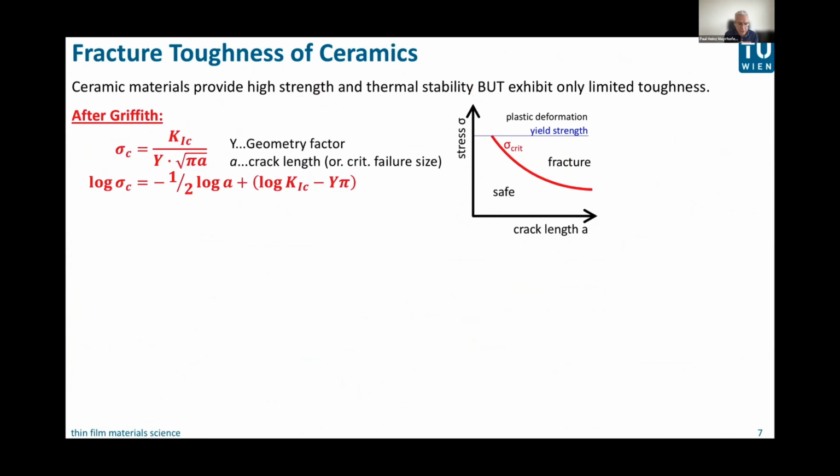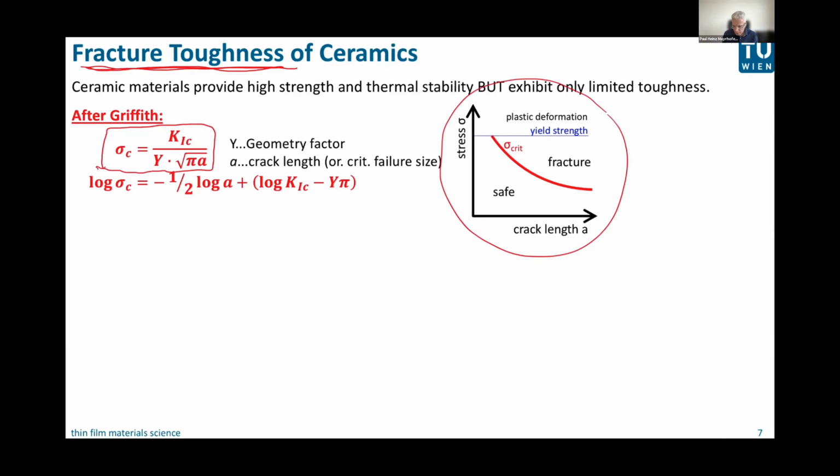So now I enter fracture toughness. Strength can be nicely increased by these effects. What about toughness? The Achilles heel of ceramics is actually the fracture toughness. And if we go back to theory and look at Griffith's criteria, what I plotted here is nothing else than the dependence of the critical stress that is allowed before crack initiation or crack growth.